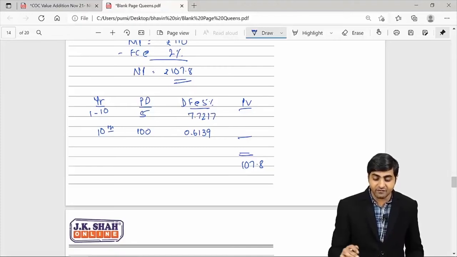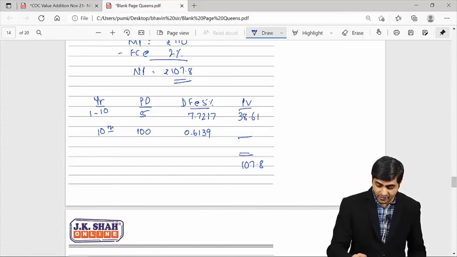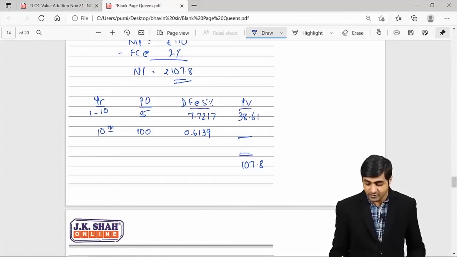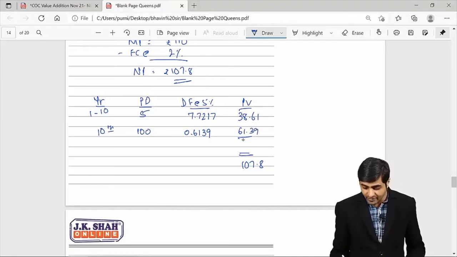If I multiply this by 5, this will become 38.61, and 100 into 0.6139 will become 61.39. If I add both these things, I'll be getting rupees 100.